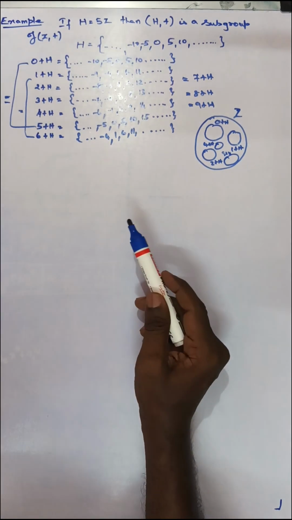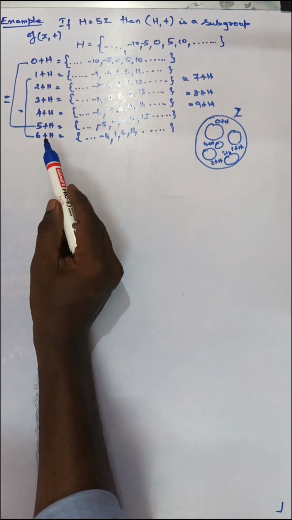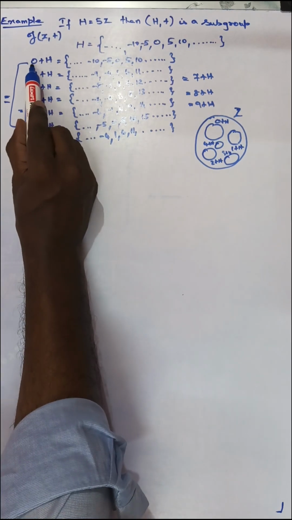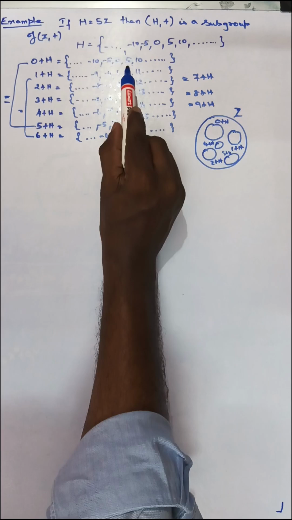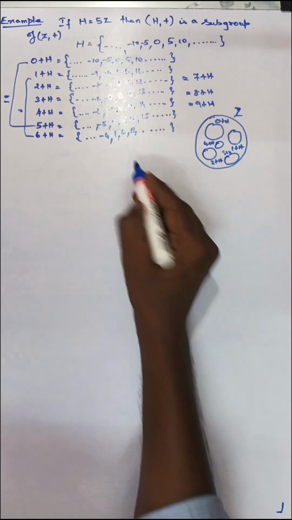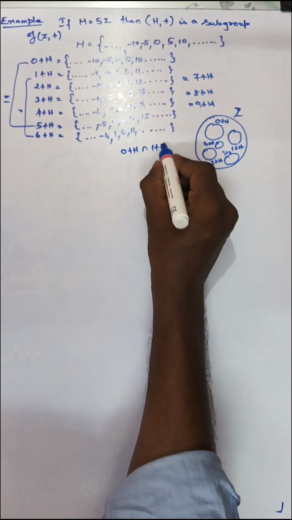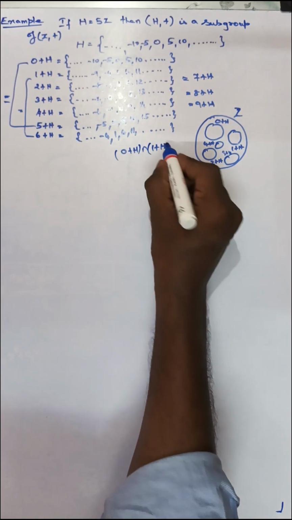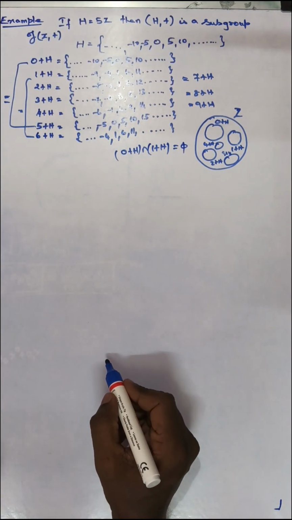Or consider the intersection of different cosets, for example 0 plus H and 1 plus H. There is no common point between these two, so the intersection is going to be empty. That is the first inference we got.